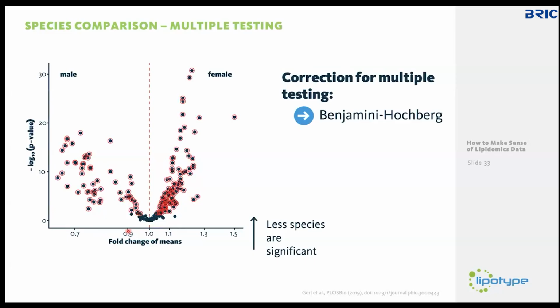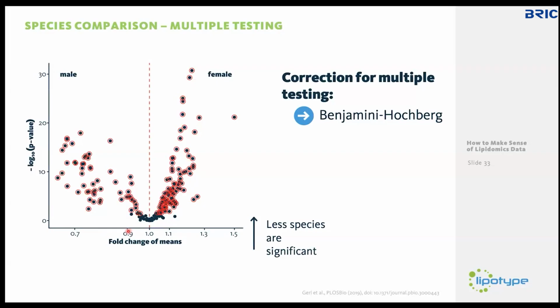This 0.05 rate for type 1 error means that if you do 20 tests and there is no effect, you might nevertheless find one just by chance. And if you're doing hundreds and hundreds of tests, then you're bound to find some of these below your significance value, although there is no difference at all.